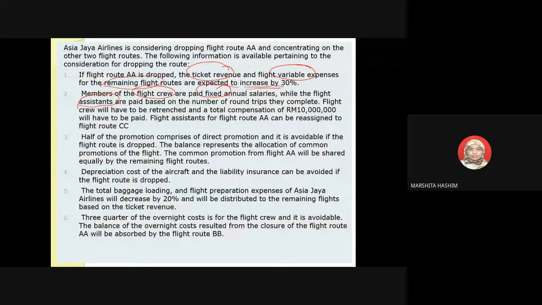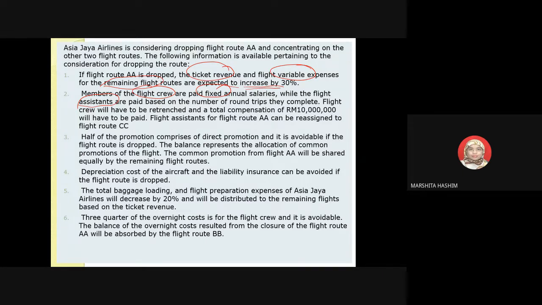Flight crew, that means if you shut down flight route A, that means no destination. However, you pay them annual salary. It will not affect your costs.